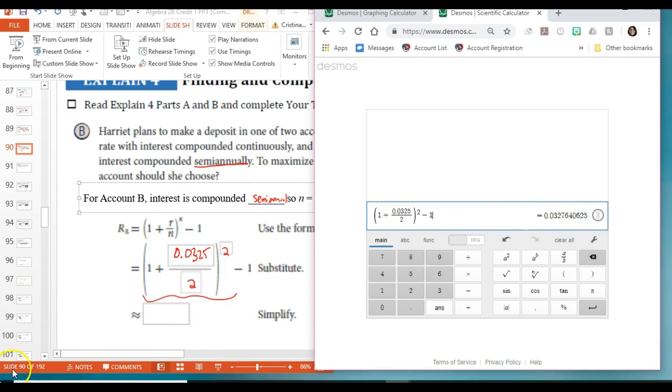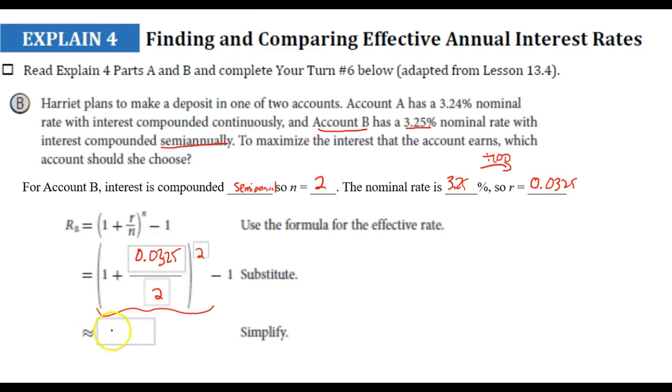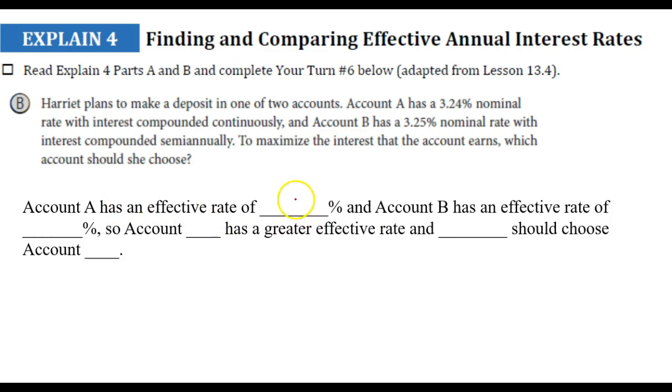That would be about 0.03276, so let's record that as well for our B account. Here our annual effective rates for A was 0.03293, and for the B account, that was 0.03276.